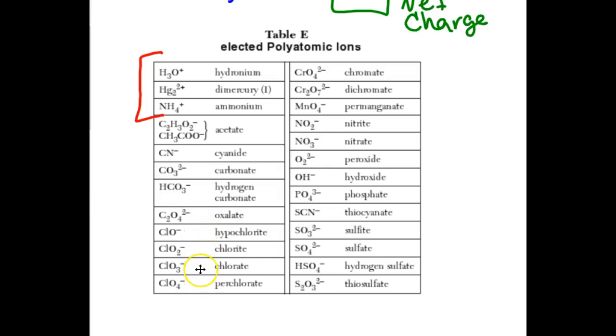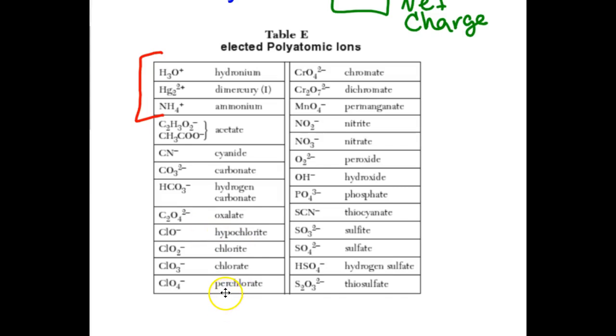Chlorite and chlorate: the ending of ITE means that there is 1 less oxygen, and the ending of ATE means that there's 1 more oxygen. So, ite and ate. Now, hypo means below, so hypochlorite is even below chlorite with only 1 oxygen.